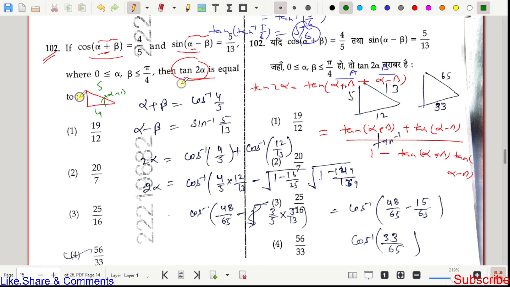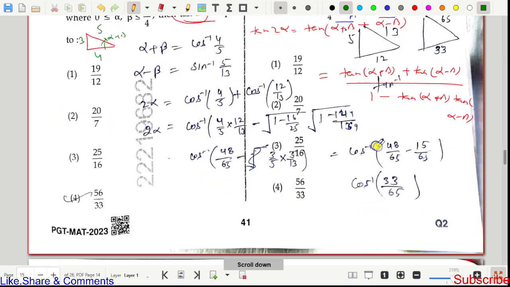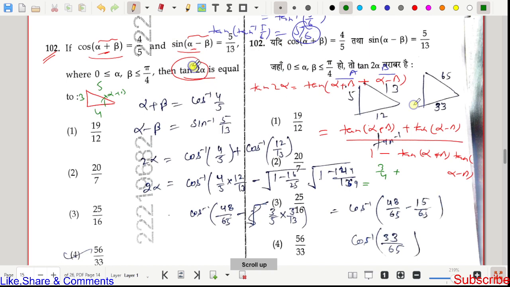So obviously perpendicular will be 3. So this is tan of alpha plus beta, it will be 3 by 4. Similarly tan of alpha minus beta, this is sine 5 by 13. So if we draw the triangle, changing color, this is alpha minus beta, this is 5 by 13.